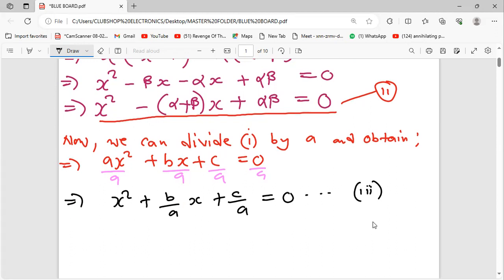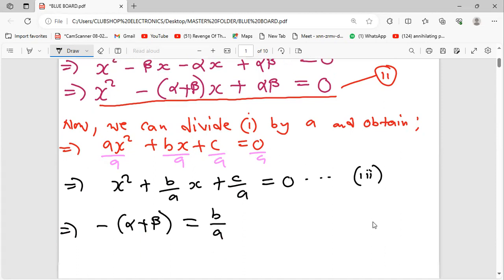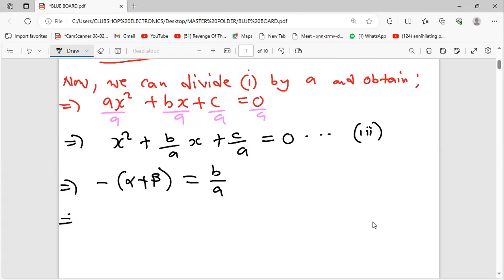It simply means the coefficient of x here should be the same. So the coefficient of x, which is negative alpha plus beta, equals the coefficient of x in equation 3, b divided by a. Now you can find alpha plus beta by dividing by negative 1: alpha plus beta is equal to negative b divided by a.